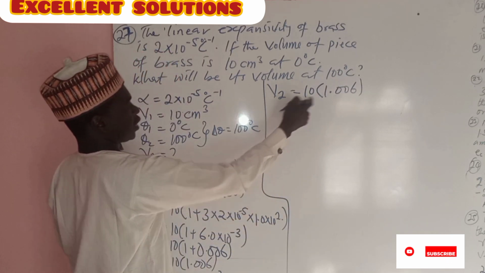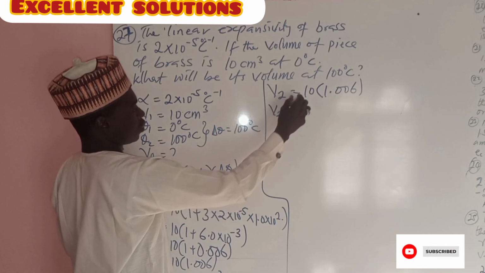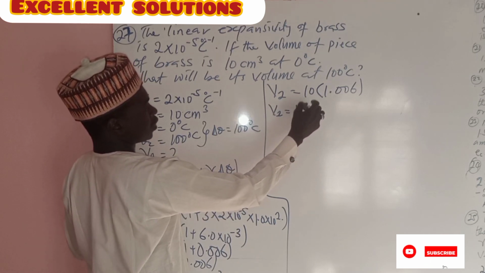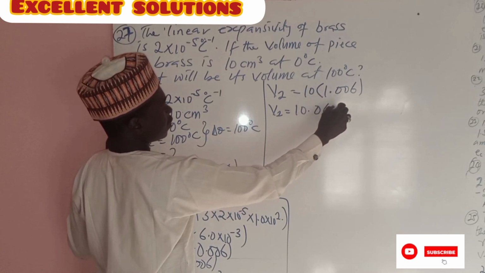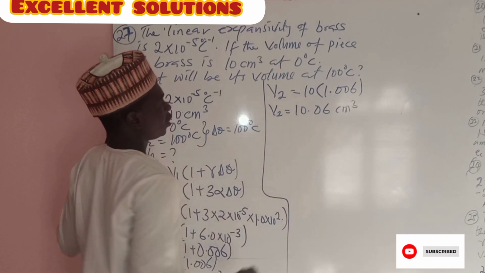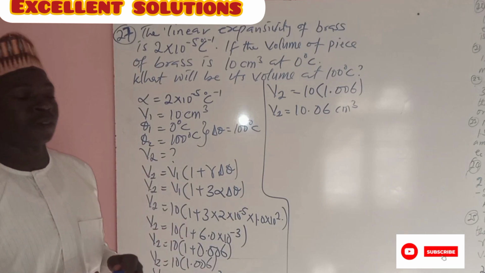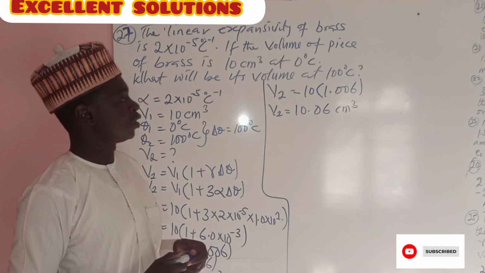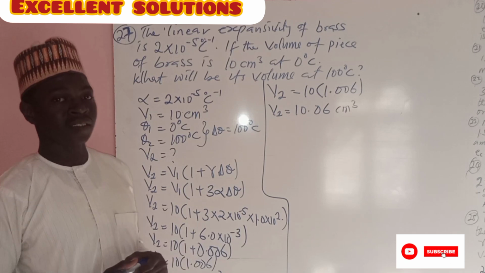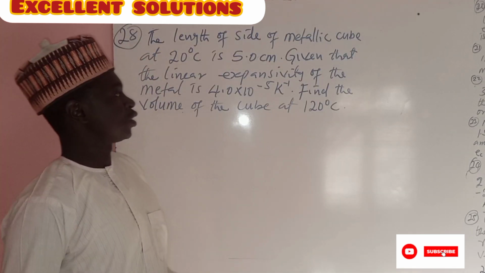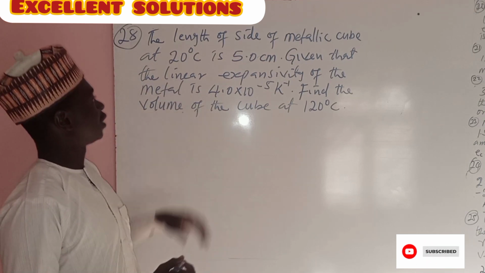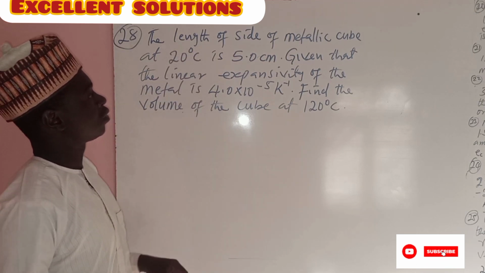So if we multiply 10 times 1.006, we have V2 equals 10.06 centimeter cube. If you look at our options, in option C we have 10.06 centimeter cube. The answer is C.